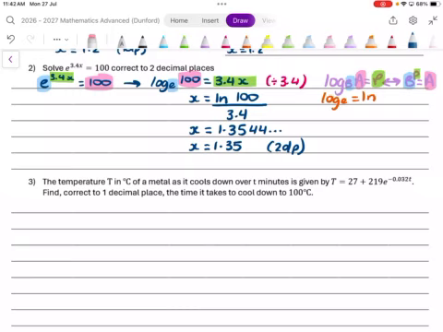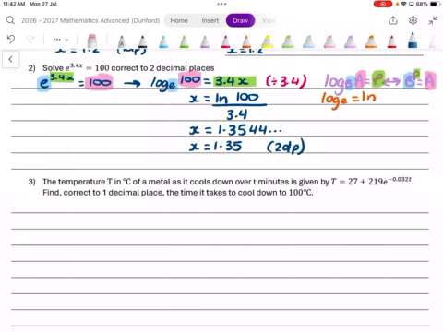So all we have to do is, we've been given that the temperature T in degrees Celsius of a metal as it cools down over t minutes is given by the formula T equals 27 plus 219 e to the power of negative 0.032t. We want to find, correct to 1 decimal place, the time it takes to cool down to 100 degrees Celsius.